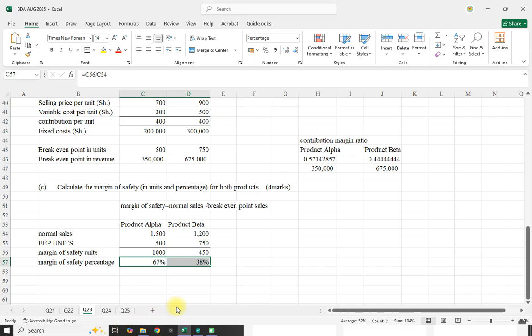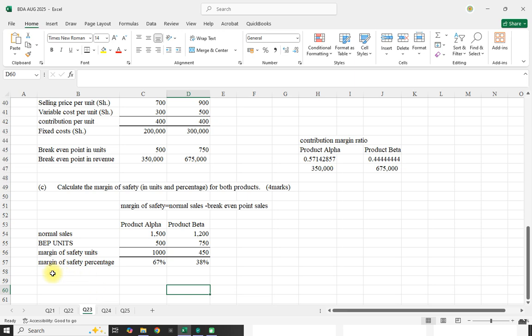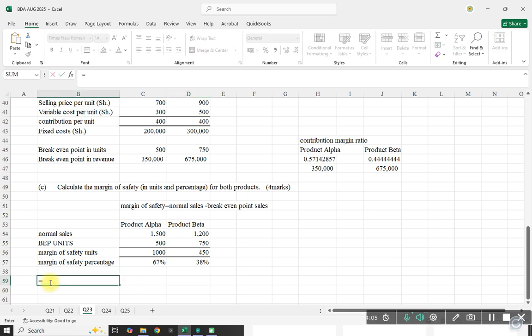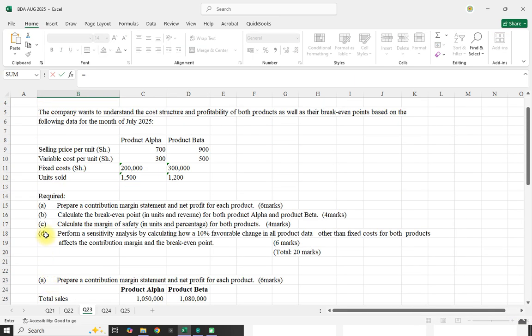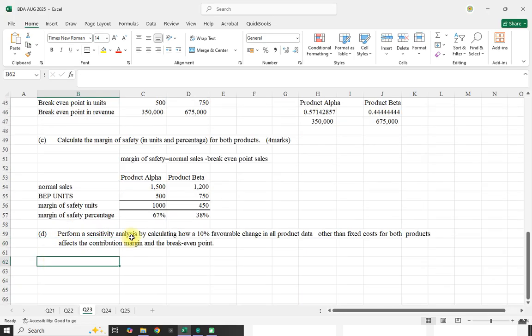Then the next thing, the last part, I believe, part D, is whereby you are supposed to perform sensitivity analysis by calculating how a 10% favorable change in all product data other than fixed cost for both products affects the contribution margin and break-even point.